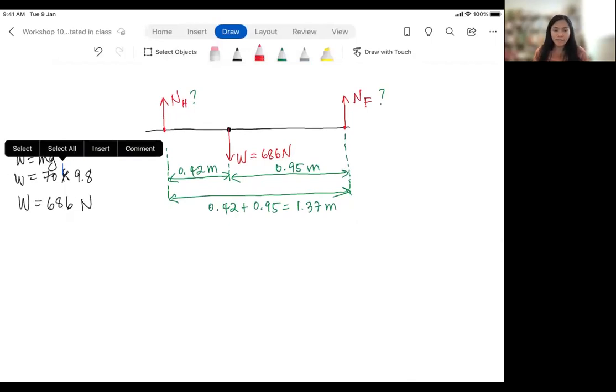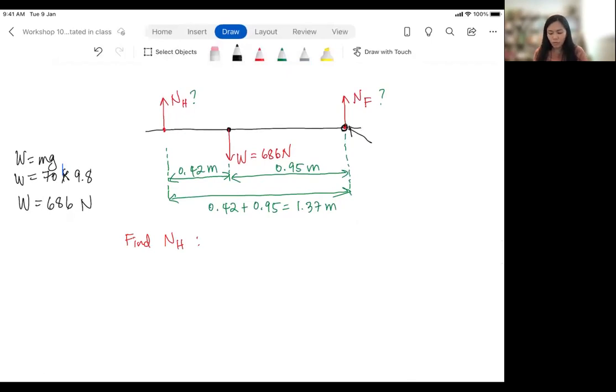Okay, so first let's find the force on the hands, NH. In that case, we put the pivot point at the other unknown force. That will allow us to eliminate NF and allow us to find NH.